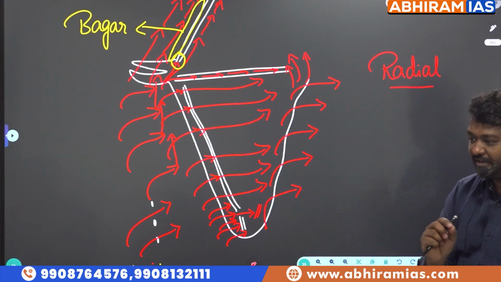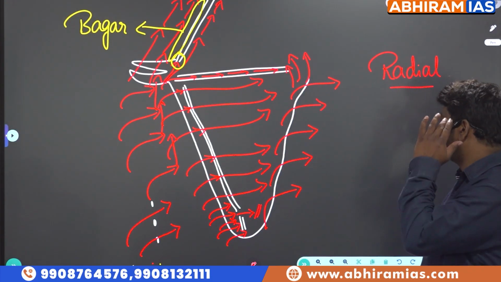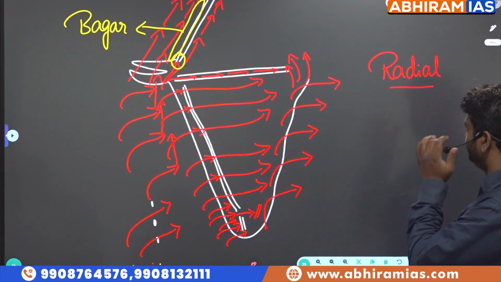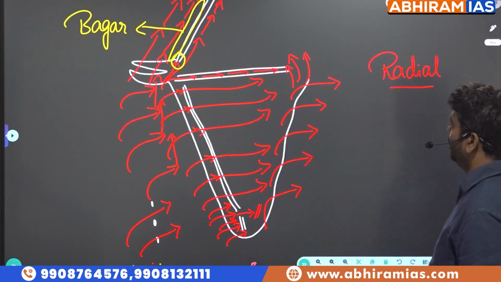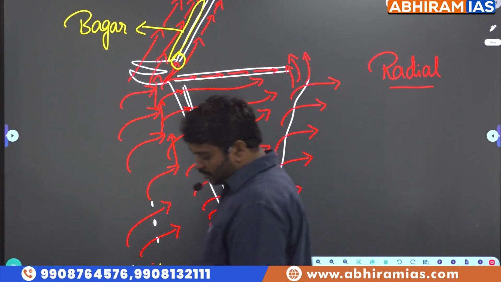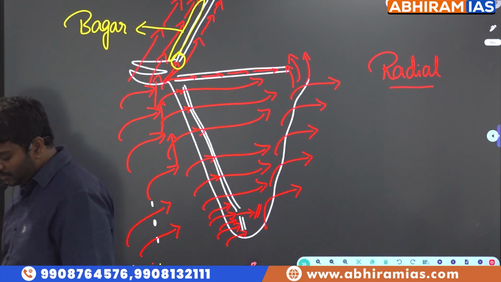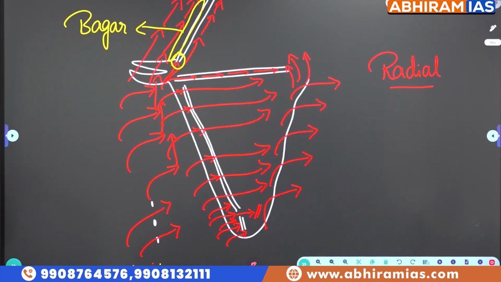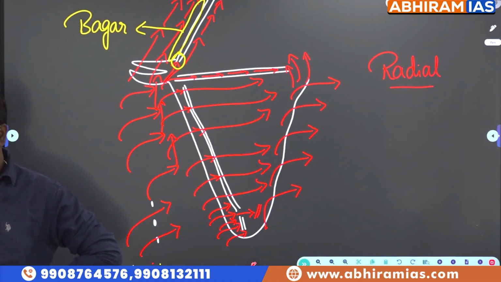Okay, please write there. Chota Nagpur Plateau receives rainfall from both Arabian Sea branch and Bay of Bengal branch.